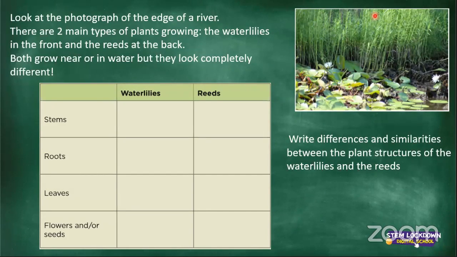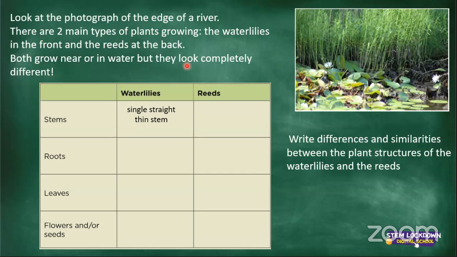Let me see what you guys are writing. Aha, there I'm getting some answers I like. The water lily stem is a single straight thin stem. Some of you said small, and I know you meant thin with that. It is single and it's straight and it's thin.